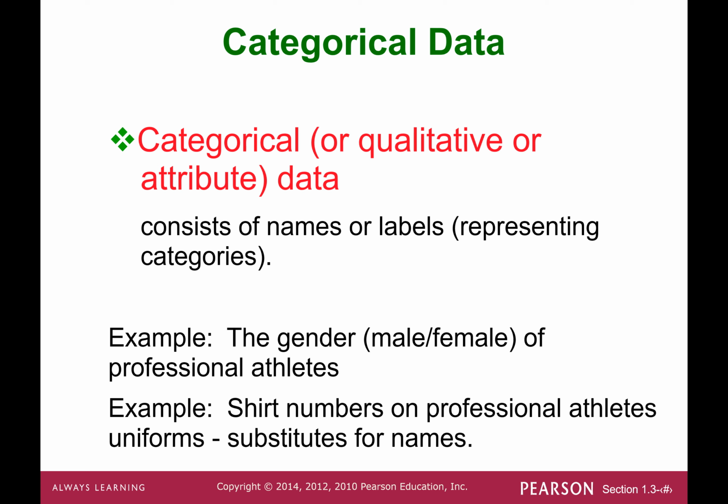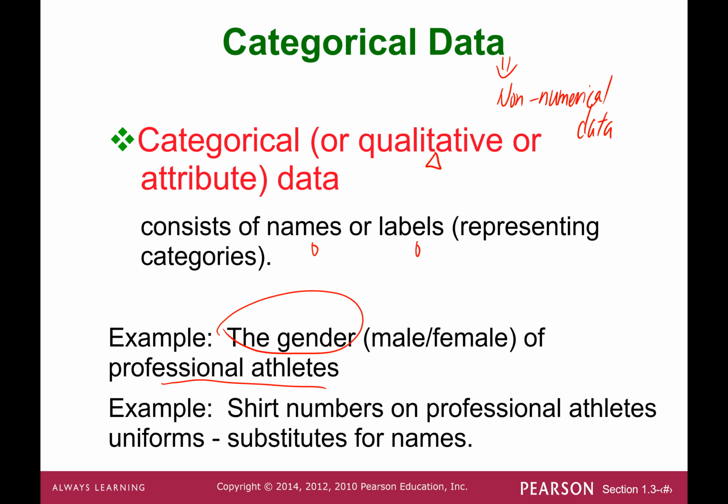Another way of categorizing data is categorical data. You also call this qualitative data. Compared to quantitative, qualitative is non-numerical, so all the categorical data is non-numerical. It typically consists of names and labels representing categories. For example, gender of the professional athletes is categorical data.